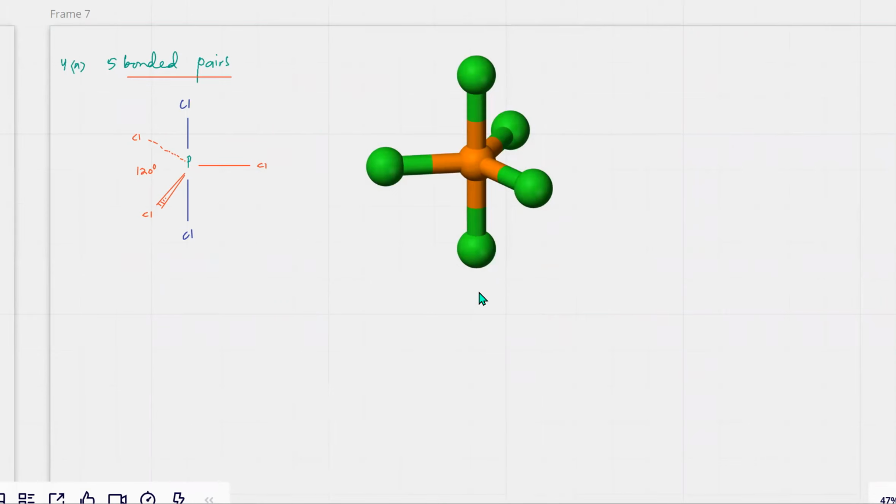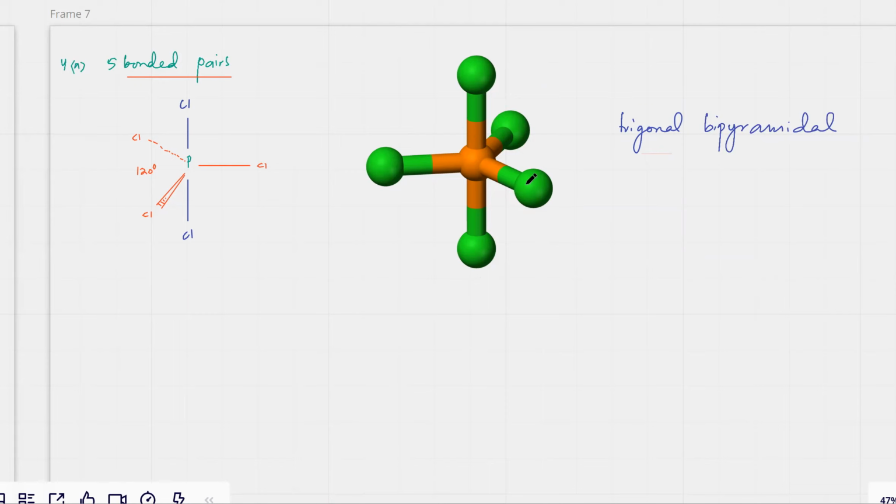So that's how 5 bonded pairs would look. And the name of the shape in this particular case is called trigonal bipyramidal. So that's what 5 bonds would look like.